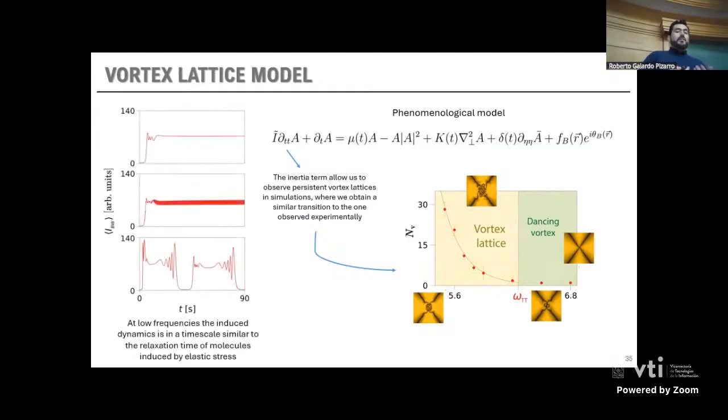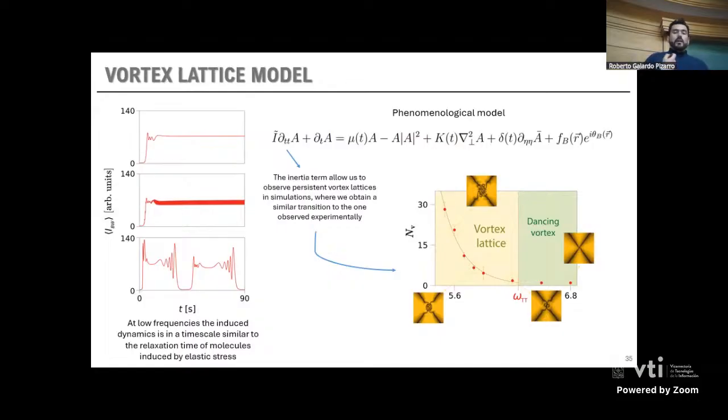Now, this inertia term is inspired by the fact that when we are at low frequencies, we are exciting the molecules in the same time window that the molecules have to relax. So we are constantly moving the molecules, and we suspected that we can add the inertia of this moment in the system to see if we have this persistent topological vortex lattice.